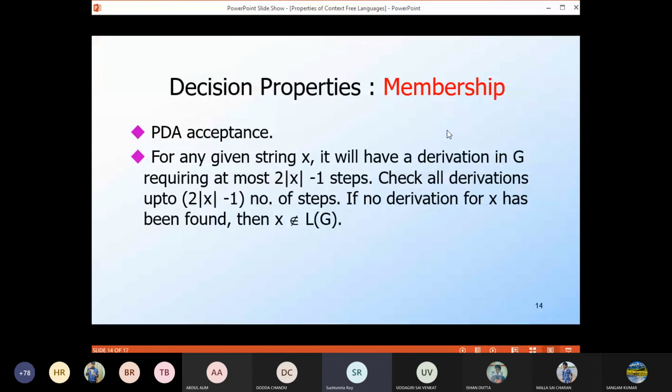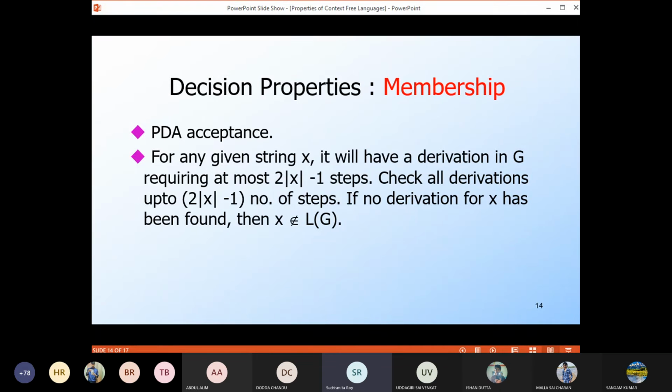So let's go to decision properties. The first decision property is membership. Please try to recall what decision properties are. Decisions are where you have an algorithm to give a yes/no answer which works in a finite number of steps.